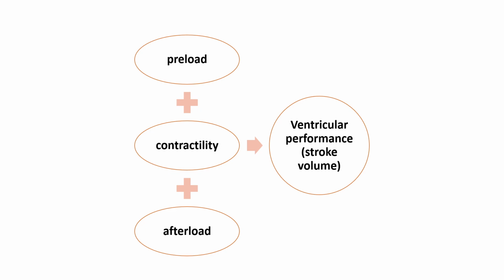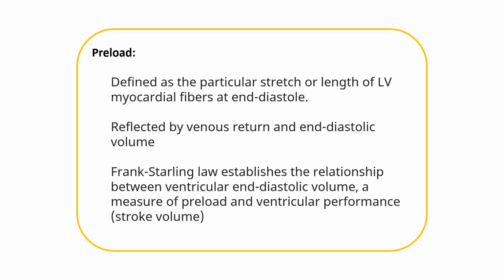Now let's expand on all of these a little bit. Preload is defined as the particular stretch or length of the left ventricular myocardial fibers during diastole before the ventricle ejects the blood. The volume of blood at end diastole is a measure of preload.